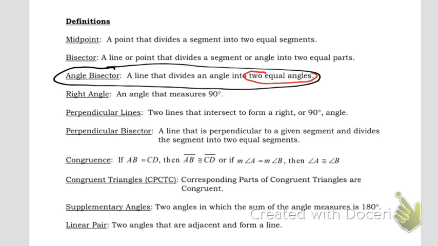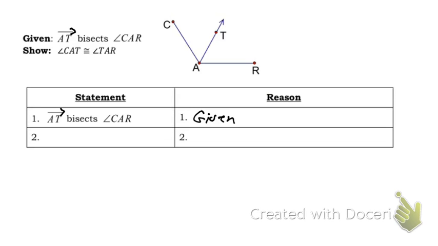That means, without looking, I probably think my next step is showing that two things are equal. And that's exactly what they want me to prove. They want me to prove that these two angles are congruent. In other words, they want me to show that CAT, which is here, is congruent to that angle there, TAR. So that is my next step, is actually to write that. CAT is congruent to angle TAR.